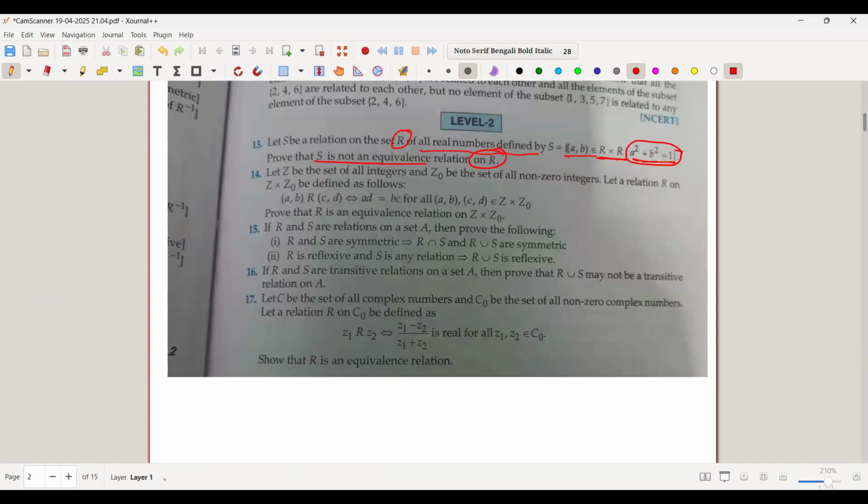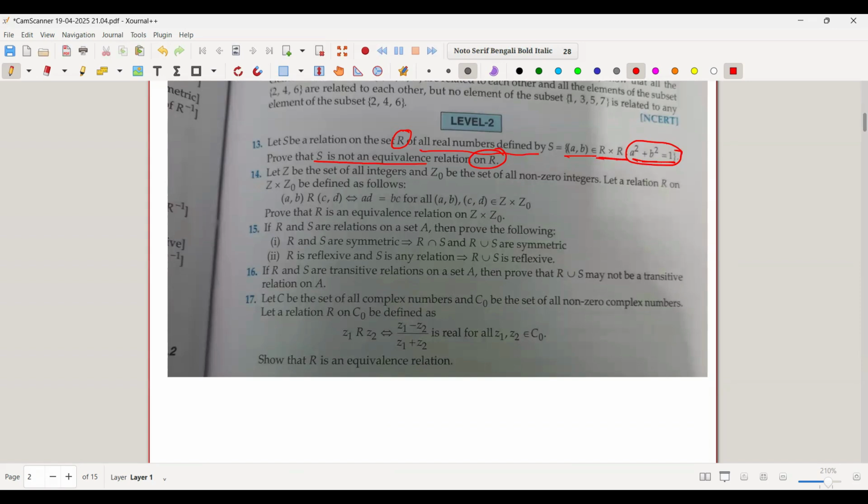Question 14. Let Z be the set of all integers and Z0 be the set of non-zero integers. Let a relation R on Z cross Z0 be defined as follows: (a, b) and (c, d) are related to each other if and only if ad equal to bc, where (a, b) and (c, d) belong to Z cross Z0.